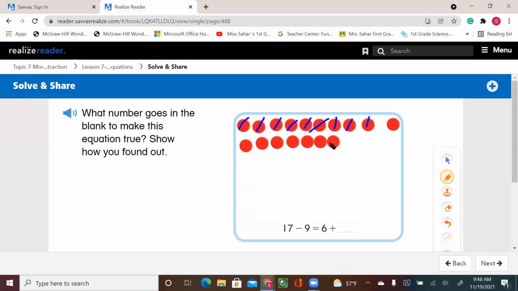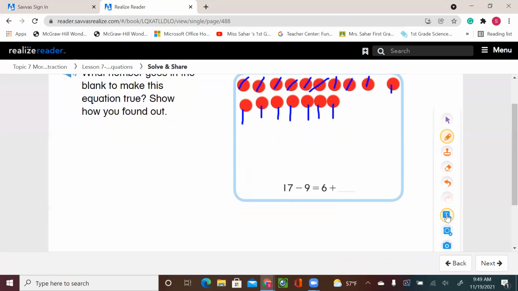Let's count how many I have left. 1, 2, 3, 4, 5, 6, 7, 8. So now I know that 17 minus 9 equals 8, right? I'm just going to write 17 minus 9 equals 8.